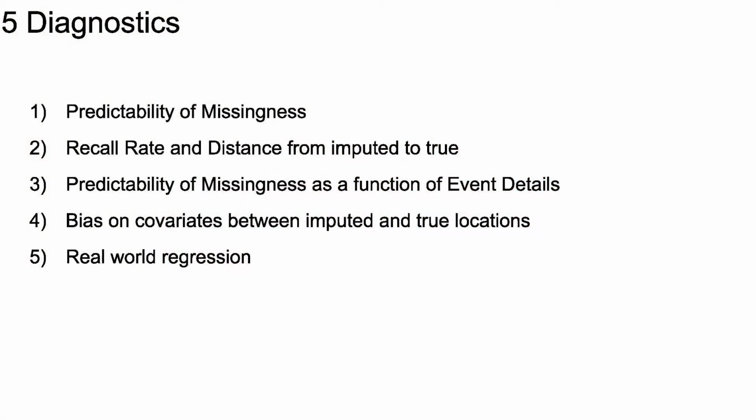And I'm going to suggest five diagnostics for how to evaluate the quality of these decisions. One we already did, predictability of missingness. The second one is going to be the recall rate and the distance from an imputed location to the true known one. The third one is going to be the predictability of missingness, knowing things about the events.